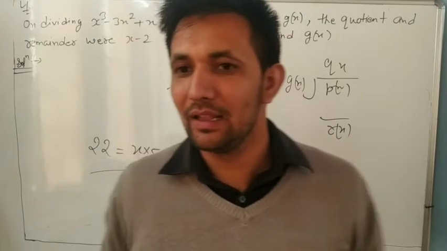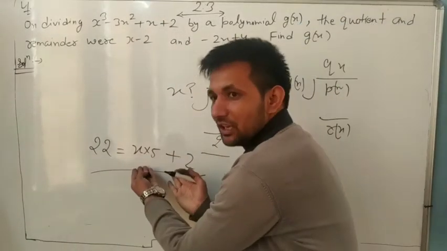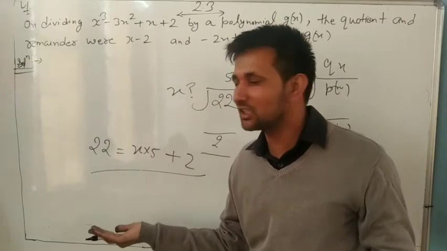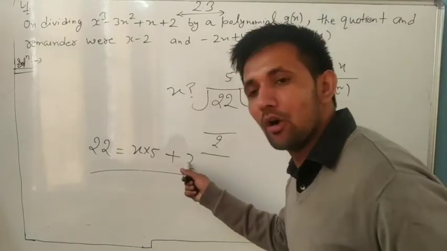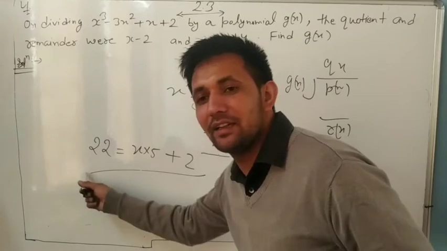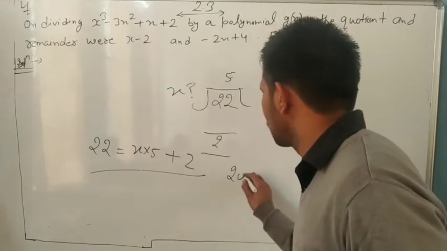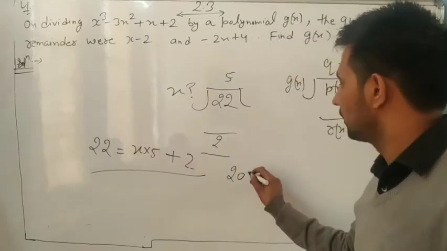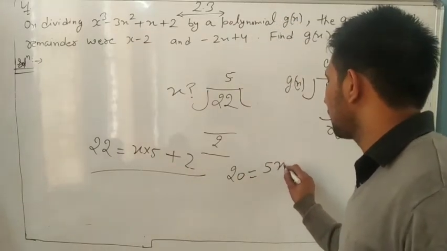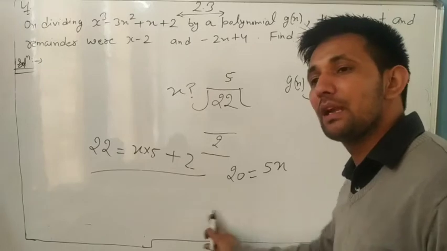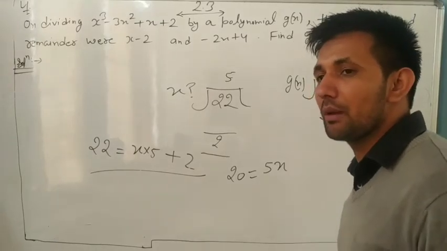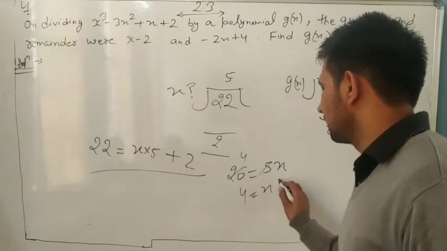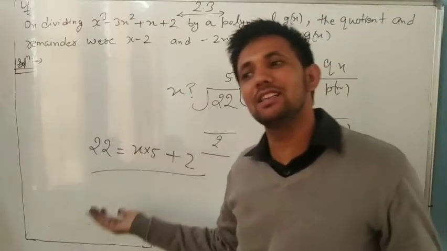If I give you only this equation and ask for the value of x, everyone can find it easily, from 6th class. First we move the positive term to the other side as minus: 22 minus 2 is 20, and x into 5 is 5x. The 5 multiplying goes to the other side as division: 20 divided by 5 is 4. So x is 4.